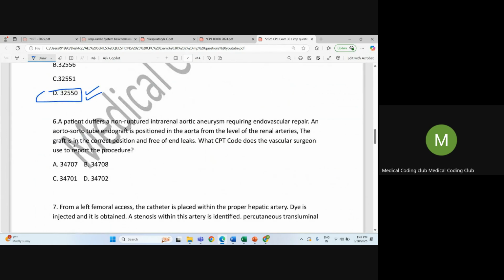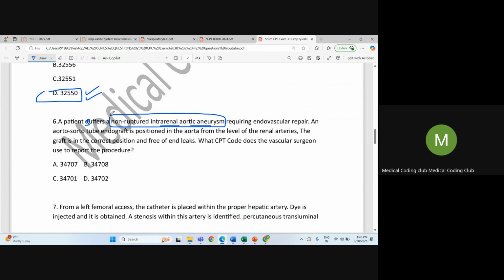Next question. A patient suffers a non-ruptured infrarenal aortic aneurysm. See here, this is non-ruptured.